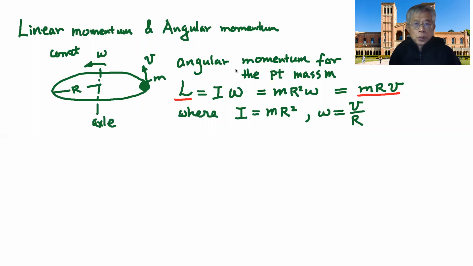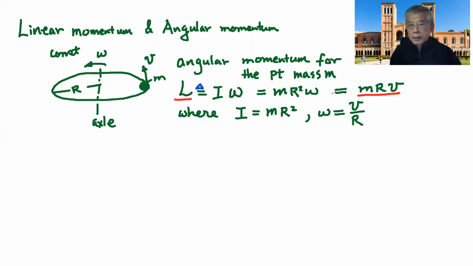Okay, so if we want to calculate the angular momentum for this point mass m, L is equal to I times omega, by definition. I is equal to mr squared, by definition, and omega is equal to v divided by r.